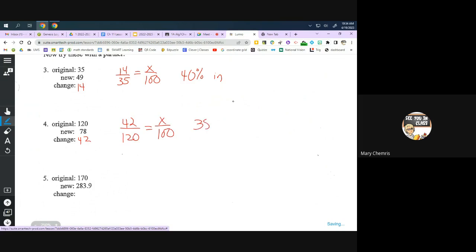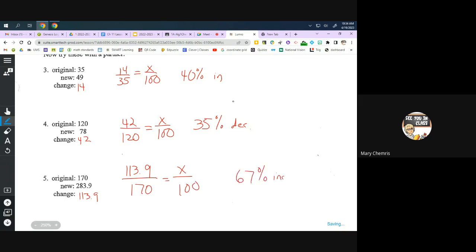And that's a 35% decrease. And for this one, 113.9 is the difference. So 113.9 over 170 equals x over 100. And rounded, this is a 67% increase.